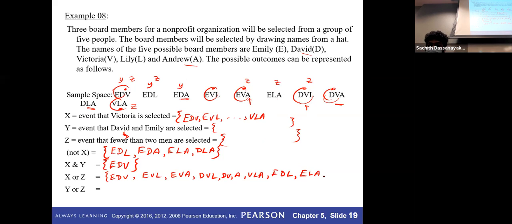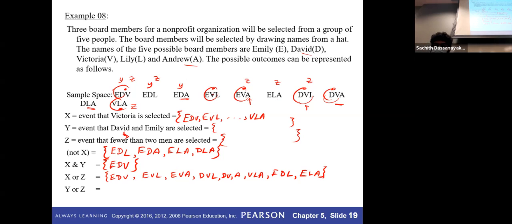EL. So either X or Z or both. I already added every occurrence based on X or Z, right?